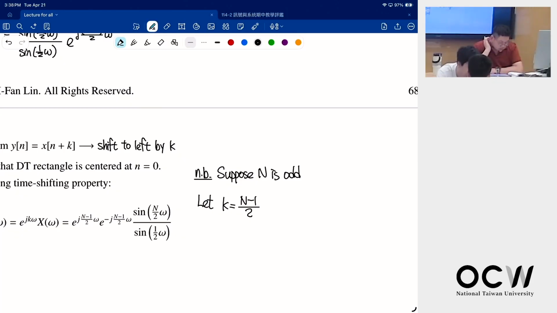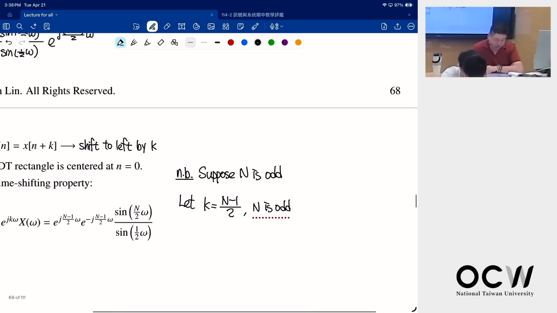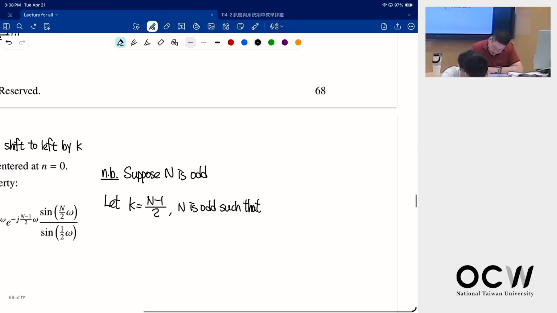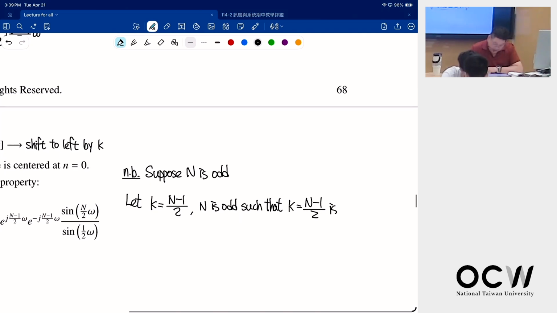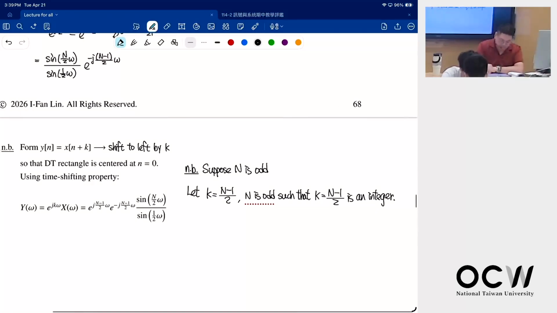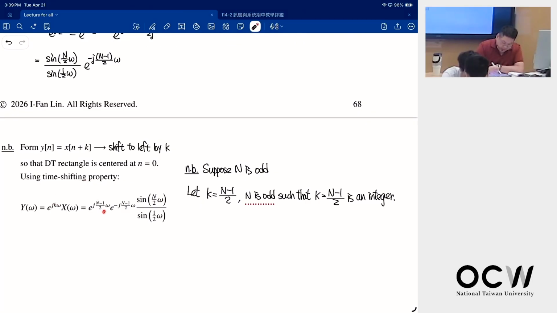Well, in this case, n is odd. Then k will be an integer, such that k equals n minus 1 over 2 is an integer. So that's why now k is n minus 1 over 2.